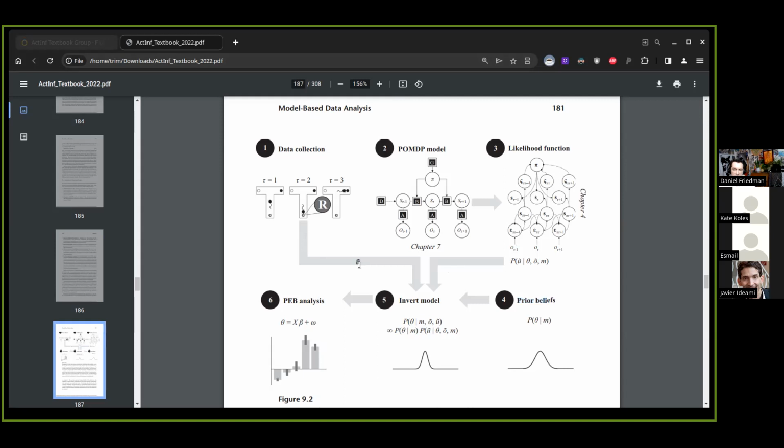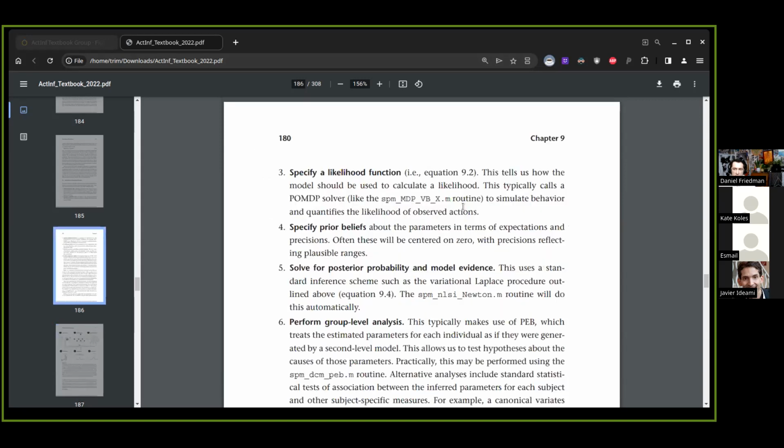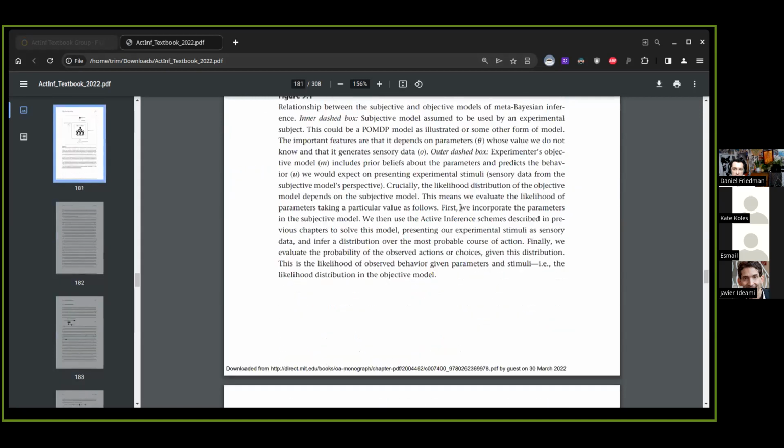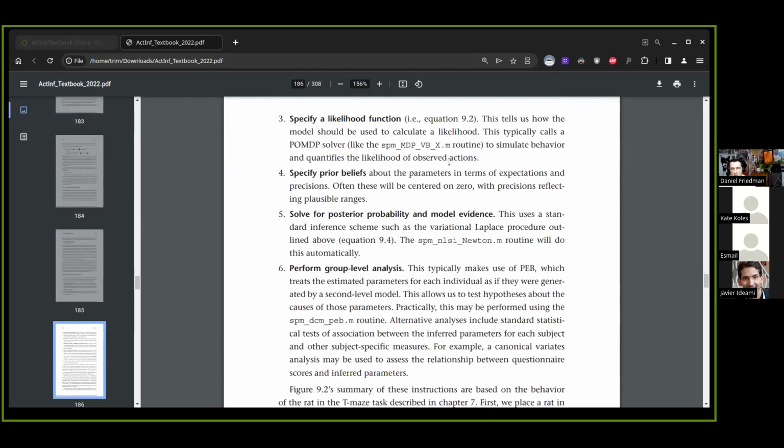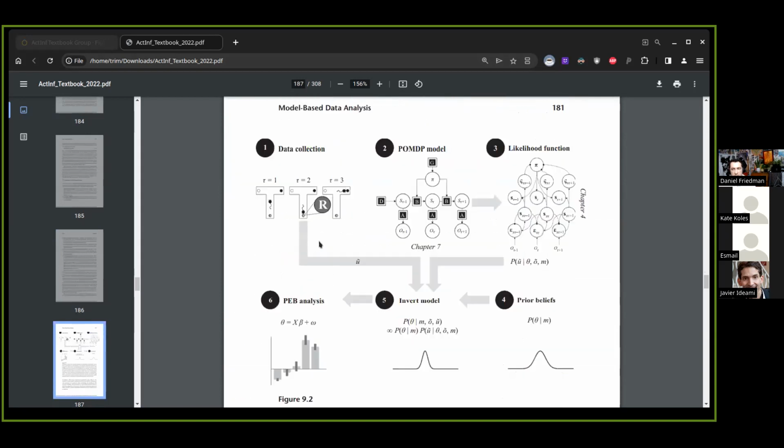And then U tilde through time, U tilde, that's the empirical behavior of the rat. Our observations, but its actions. So here's the empirical data coming in.